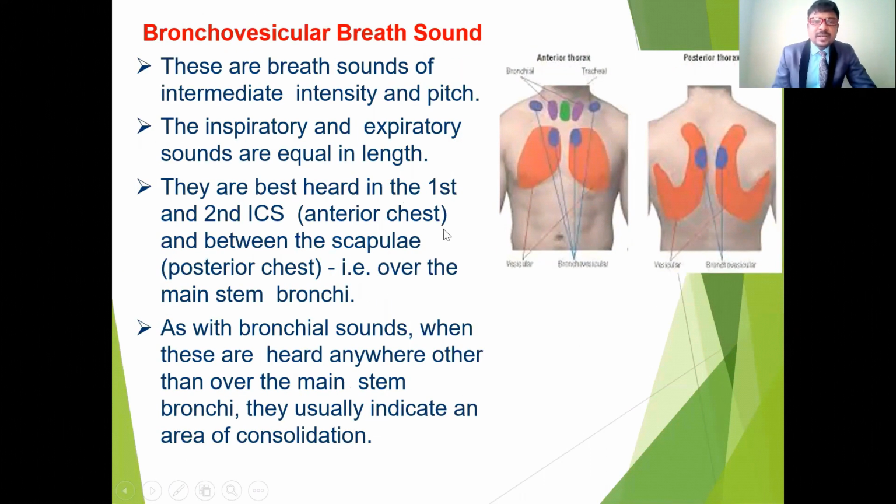Next is the bronchovesicular breath sounds. These are sounds of intermediate intensity and intermediate pitch compared to the bronchial sounds. Here the inspiratory and expiratory sounds are equal in length.